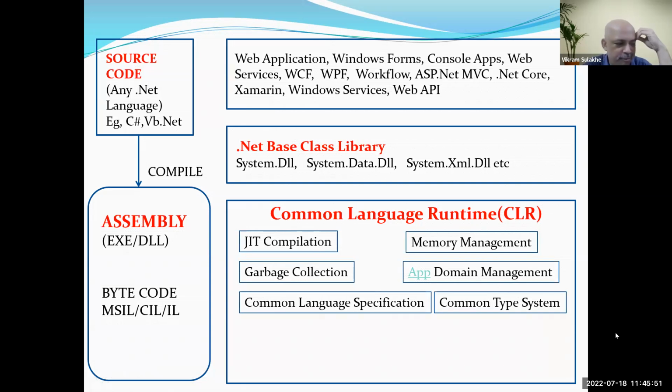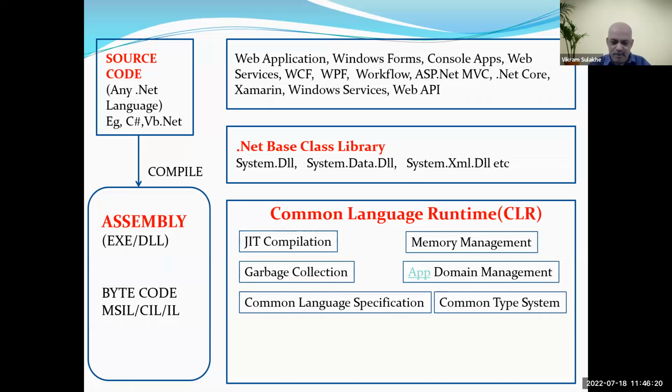You have over 50 .NET languages. Now, every language would have its own flavor. So there might be some features in one language which may not be available in the other language. Now, how do you then work? Because all of the languages are going to be compiled into IL code, and you should be able to call code from the other language.